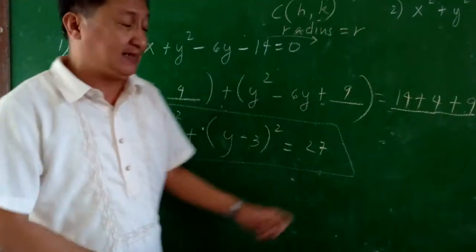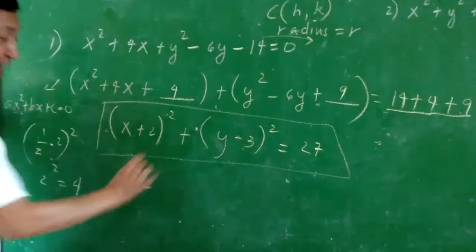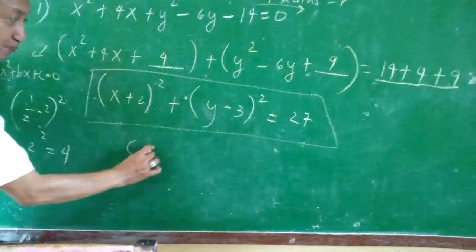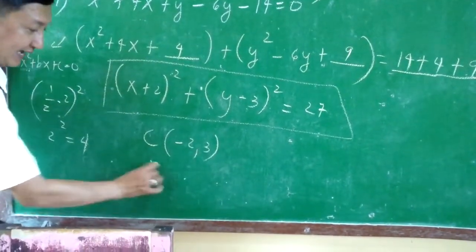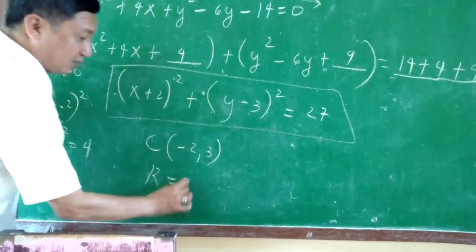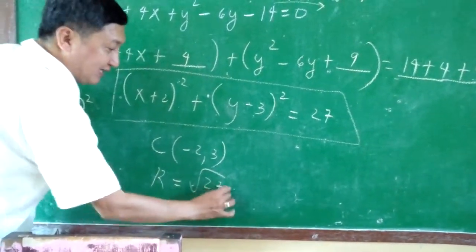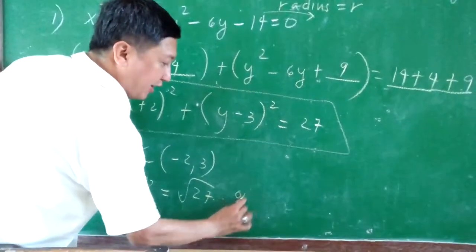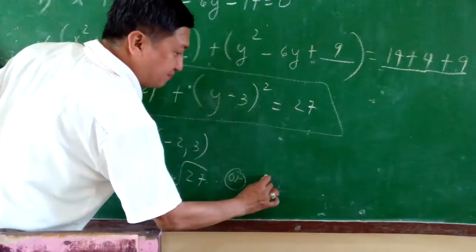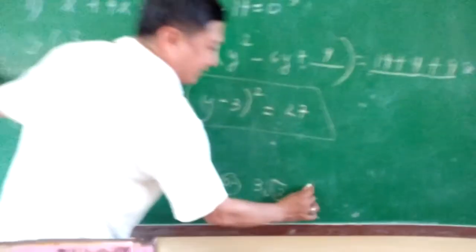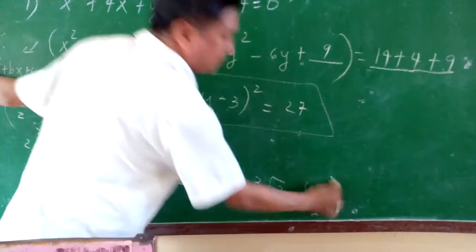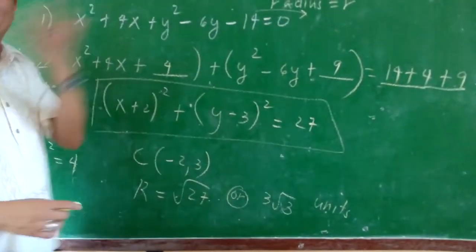But in this case, we can now determine the center, which is located at point (-2, 3), and the radius is equal to the square root of 27, or you may have 3 square root of 3 units. I hope you are getting it.